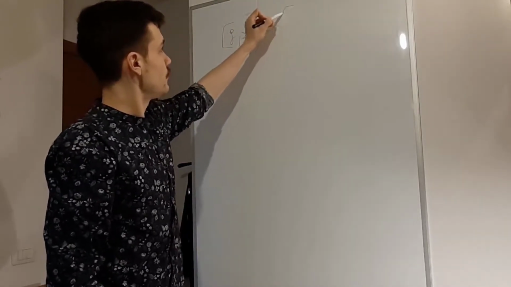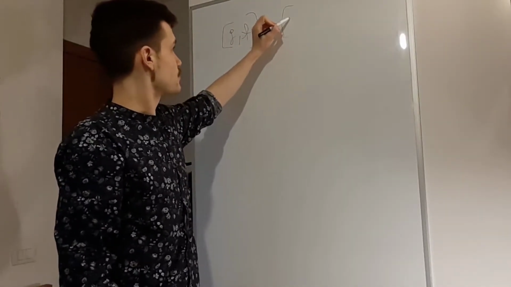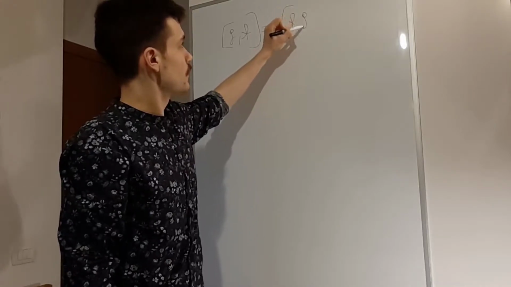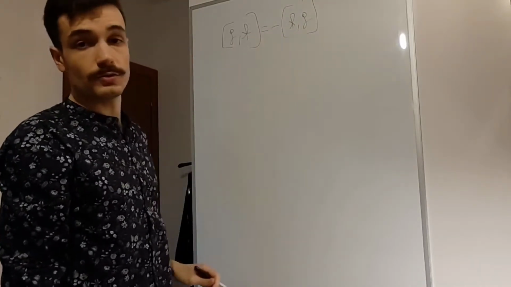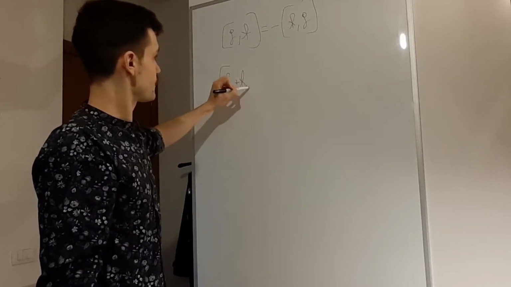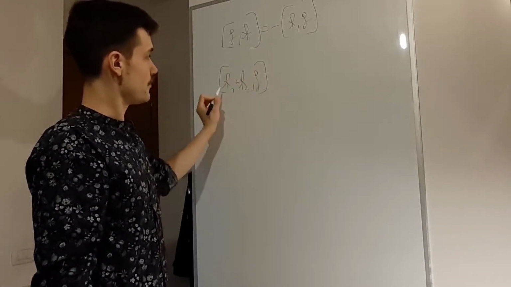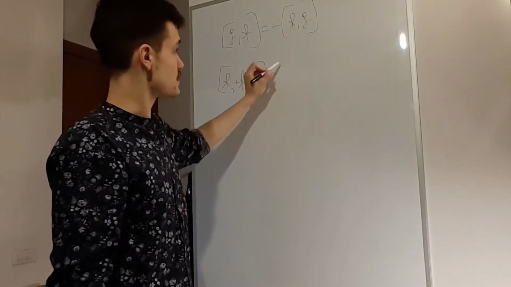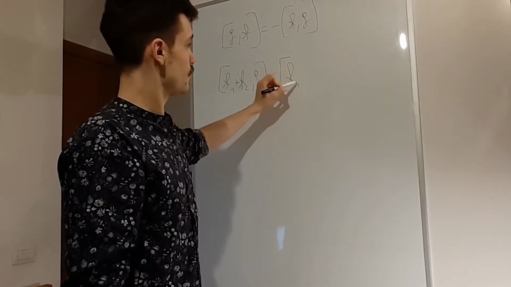if I invert the two functions inside the bracket, I simply have to change the sign. If I have two functions summed inside the Poisson bracket, I can simply split the bracket.